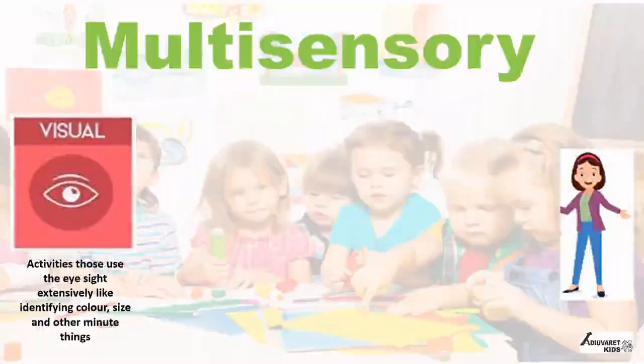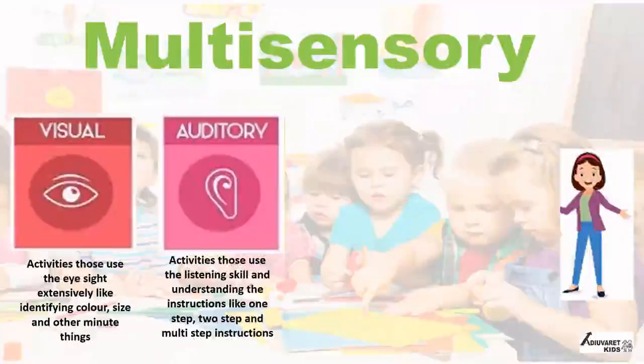That has to be one of the objectives in multisensory activities. So the first component of multisensory activity is the visual. So you identify and create all activities where eyesight will be extensively used.